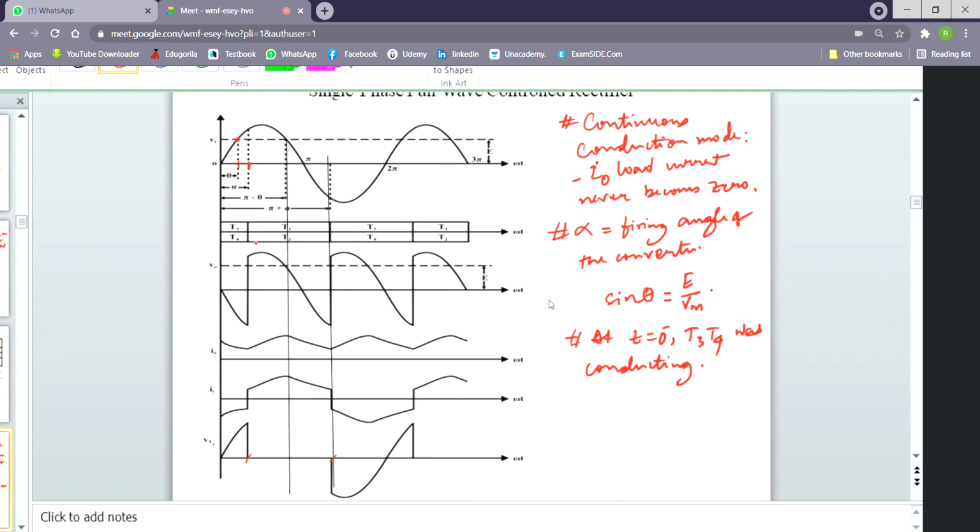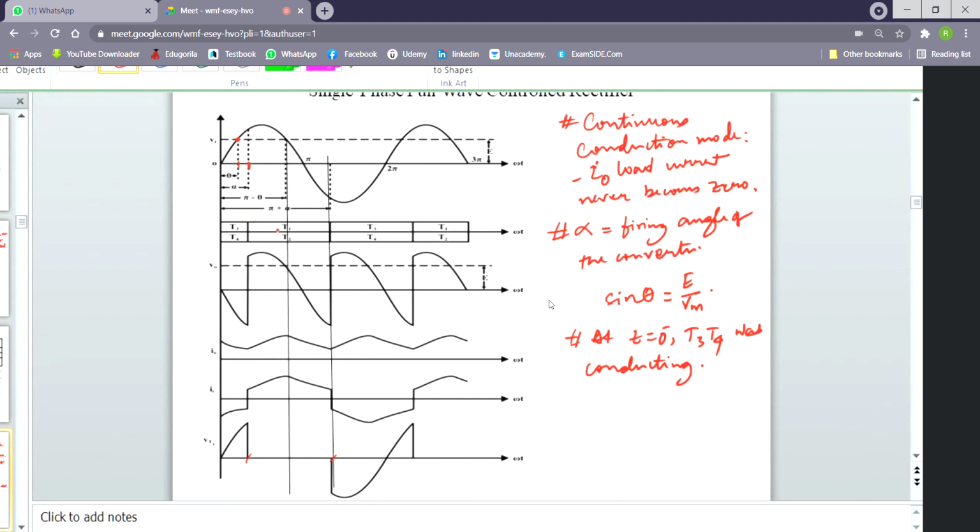So what will happen? Since T1 and T2 have turned on, the current would be commutating from T3 and T4 to T1 and T2. So as T1 and T2 are fired at omega t equal to alpha, they turn on, commutating T3 and T4. Now the current would be passing through T1 and T2.